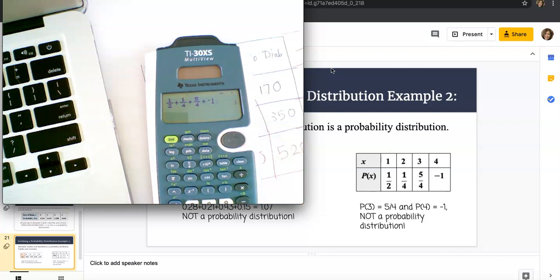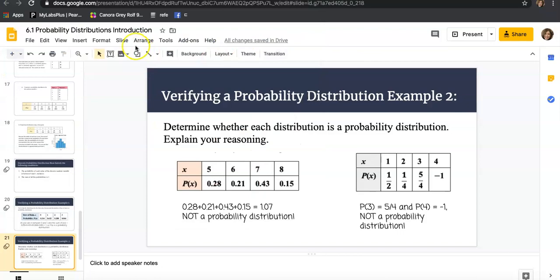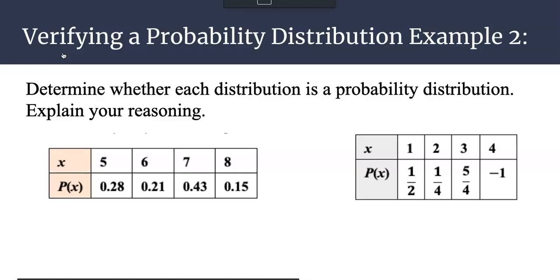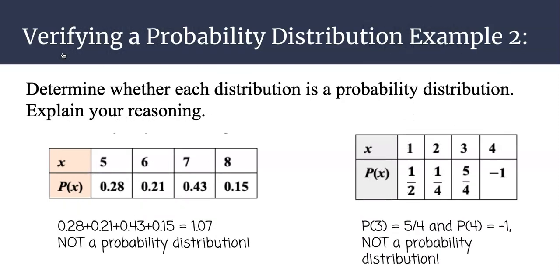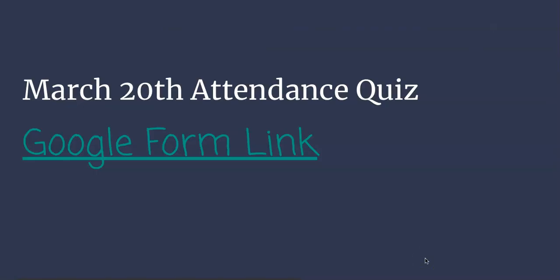If I add all these together, you know what? I do get 1 as a total, but it's still not a probability distribution because 2 of the probabilities listed in our table didn't meet the first condition. They have to be greater than or equal to 0 and less than or equal to 1. But as probability of 3 is 5 over 4 and probability of 4 is -1, this is not a probability distribution. Now, that's it for the introduction.